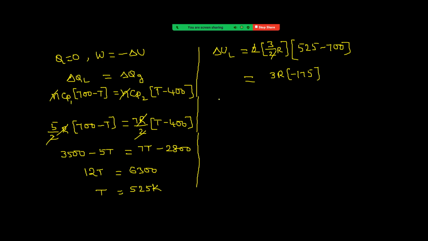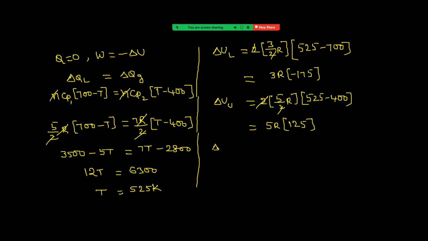That is delta U L for the lower one. Delta U for the upper one is equal to n Cv. It is now diatomic, Cv value 5 by 2 R. Delta T, final value 525 minus initial value 400. The 2 gets cancelled. 5R into 525 minus 400. It is 125.